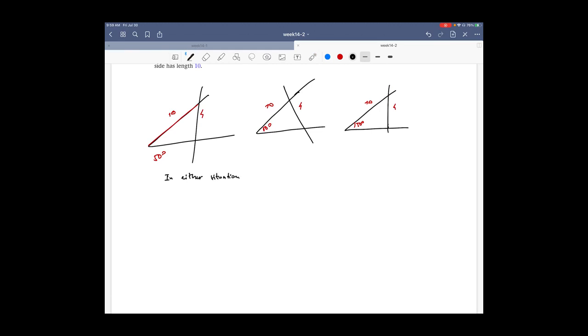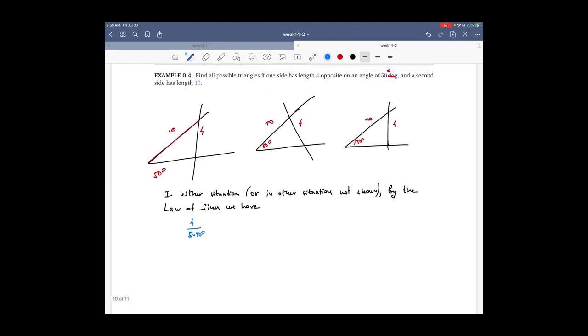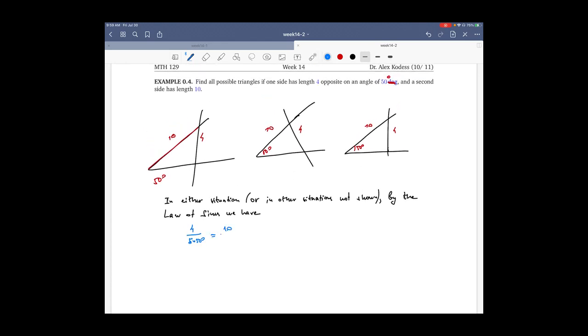in either situation, or in fact, in other situations not shown, by the law of sines, we have that 4 divided by sine 50 equals 10 divided by sine of an angle opposite to 10.